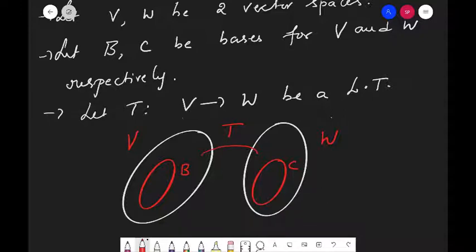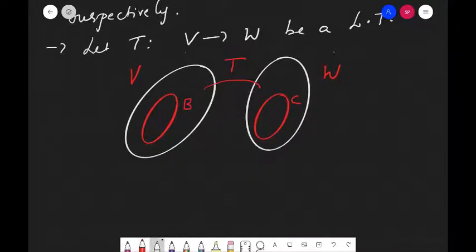Then suppose this B has the elements, let B be the set containing B1, B2 and so on Bn.